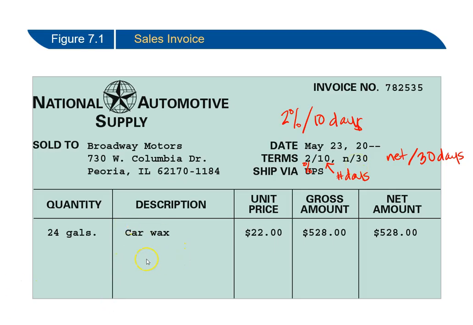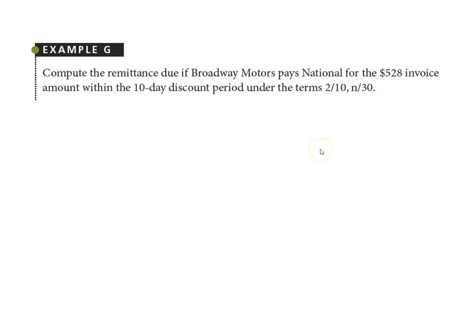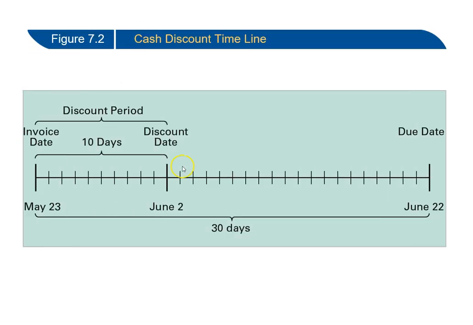And so when we're dealing with cash discounts, as I mentioned, it's really important that we are able to examine the dates and understand the discount period and the due dates. And so this image is the same image that you'll see in the e-text. So remember that we're assuming that the invoice was sent and received, let's say on May 23rd.